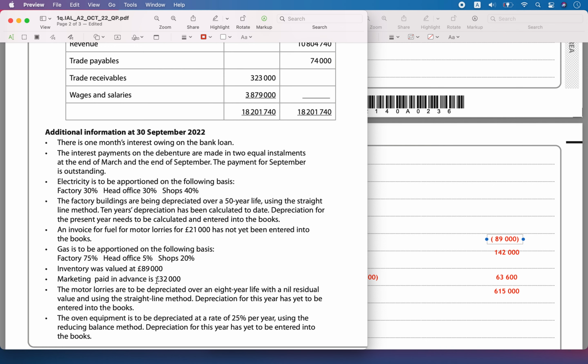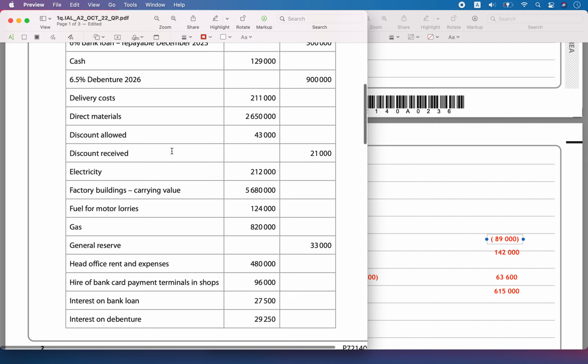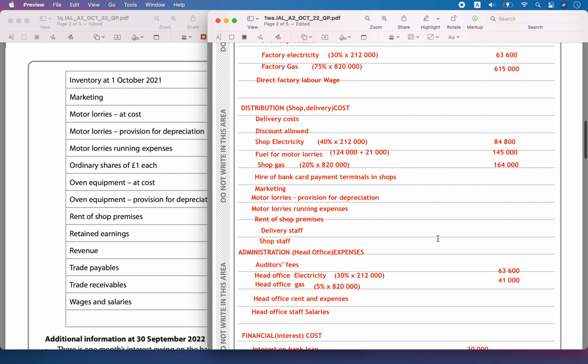Then you have marketing paid in advance. 32,000 was paid in advance. But only this year's marketing expenses has to be included. So 324,000 minus 32,000. So marketing, okay, it was included here in the distribution, minus 32,000. So the remaining, which was expense paid in advance, becomes other receivables.